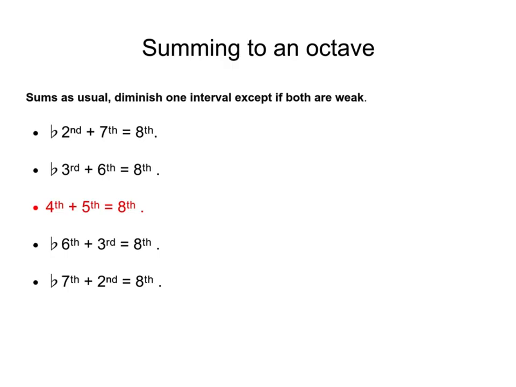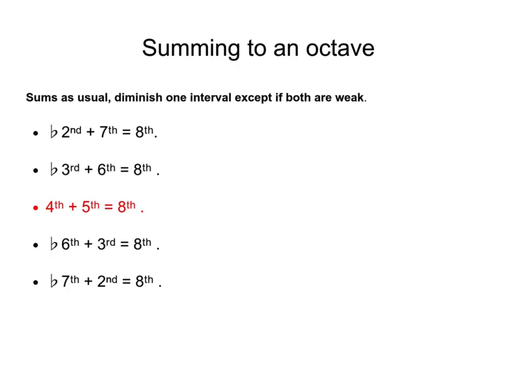If none of the intervals are strong, then you leave it alone, and that's actually a way in which a weak interval somewhat functions like a diminished interval. Note that there is only one case where both intervals are weak, a fourth and a fifth, and that no strong intervals sums yield an octave.